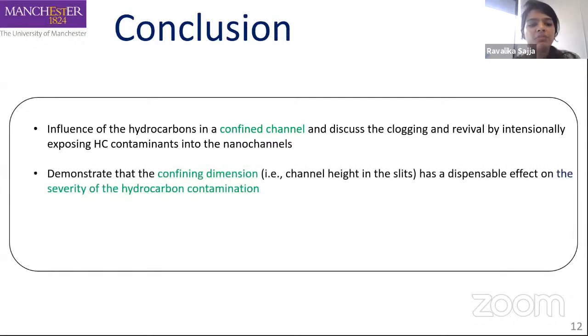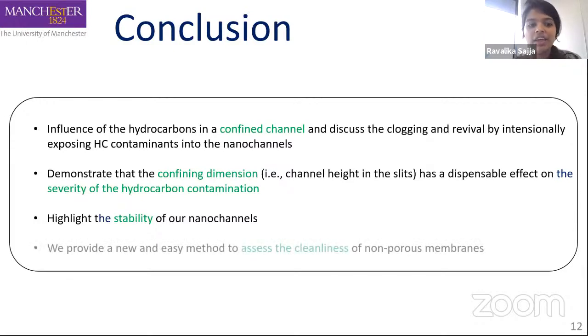Then we tried to demonstrate that the confining dimensions of these angstrom scale channels have a greater effect on the severity of the hydrocarbon contamination observed. We also demonstrate the stability of our nanochannels, which is up to 3 years, which is very high. And we provide a new and easy way using a helium leak detector method to assess the cleanliness of the non-porous membranes.